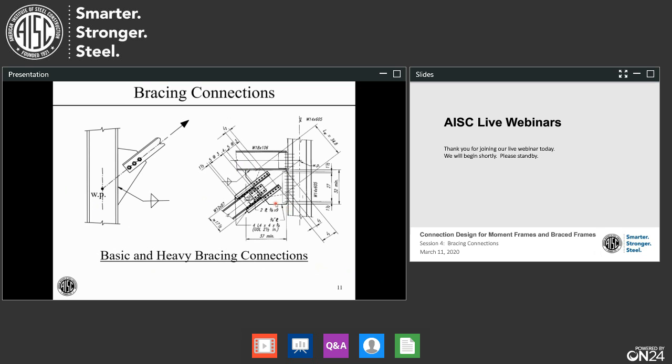So we need to be able to design the brace to gusset connection, and then the gusset to column connection, and gusset to beam connection. And we have to really be careful not to forget this connection up here between the beam and the column, because that can really get hammered. So we'll be speaking about that a little bit as we go along.